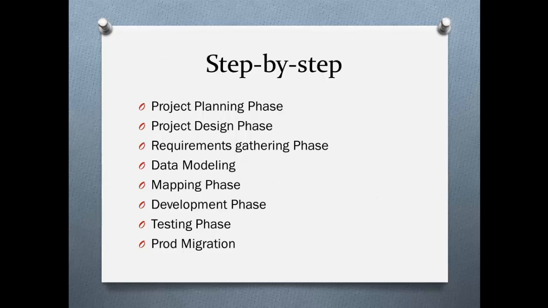And then the testing phase. There should be a testing phase, because once we are done with the code, they're not just going to move our code to production or make it live, right? They want to test if the code the developer designed is working or not.